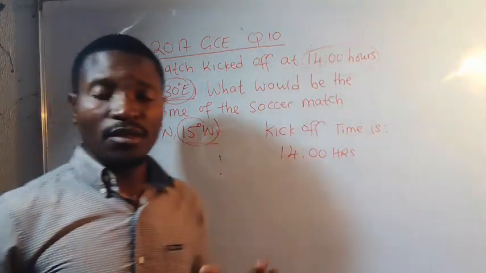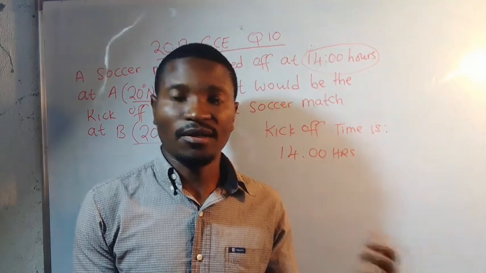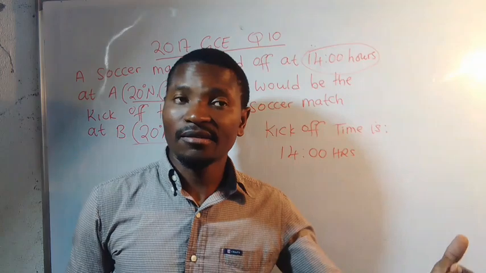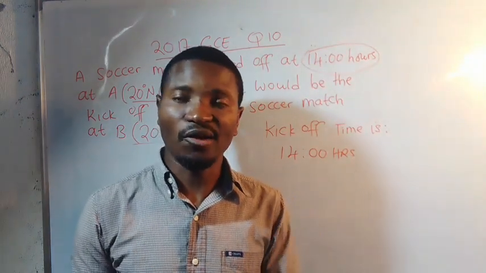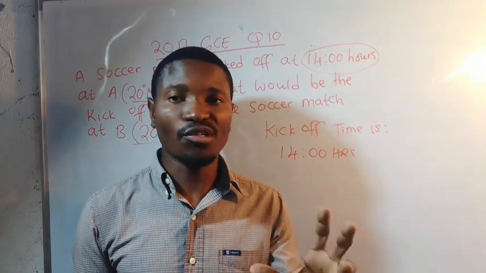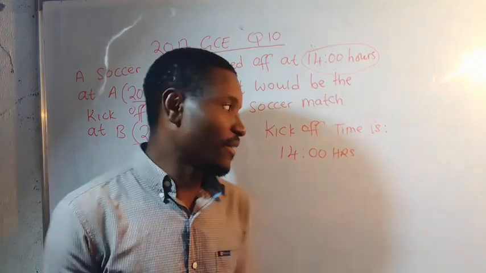So you're watching the football at 14 hours, and now you want to find out when your friend who is at position B, on the western part of the Earth's surface, will watch the football. This is what we are just doing.